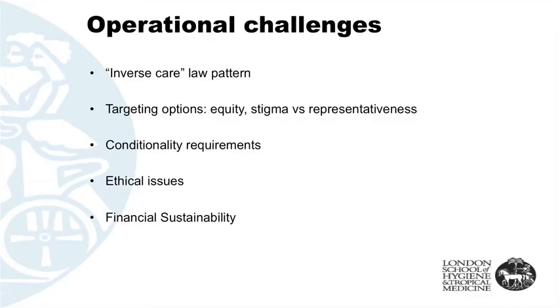If we want to detect an impact, we might risk diluting too much the effect if we just address the general population. We don't know whether we can afford to have conditionalities, both in terms of monitoring them and the financial consequences of them, but also in terms of the ethical aspect of that. Can we impose conditionality on TB if, for example, the TB services in a specific environment are not that good? Can we ask people to still access them even if they're not good enough?